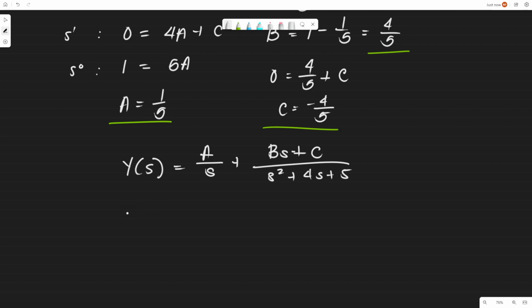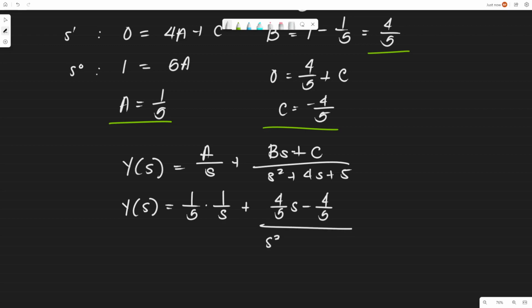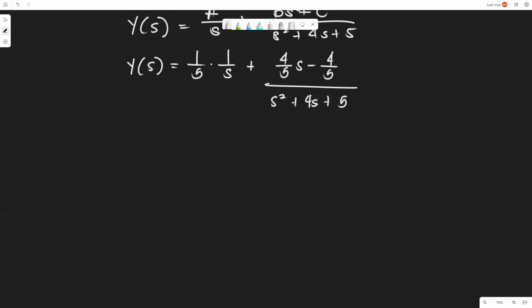So, we have here Y of s is equivalent to 1 over 5 times 1 over s plus Bs plus C. So, we have here 4 over 5 s minus 4 over 5 all over s squared plus 4s plus 5. Ayan. So, dito okay na tayo eh. Check na tayo diyan. Wala na tayong problema. Dito tayo sa second term.